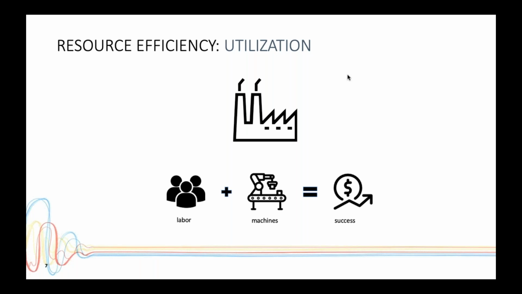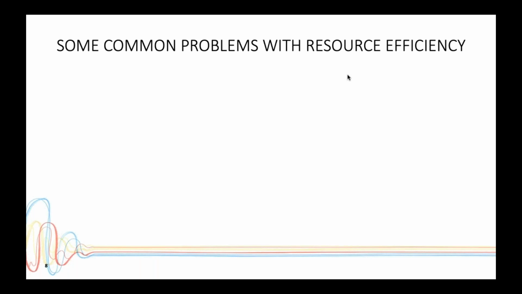And utilization isn't altogether bad, but there are a lot of problems that overemphasis on utilization creates. I think they apply to all industries, but I certainly notice them in an office environment. If you work in an office environment, I think you'll recognize some of these as well.